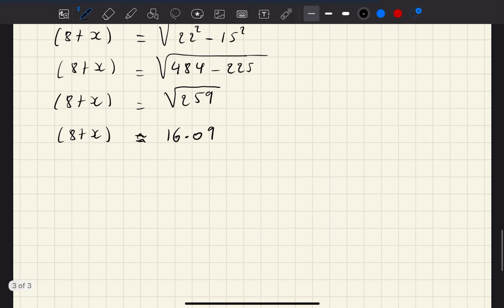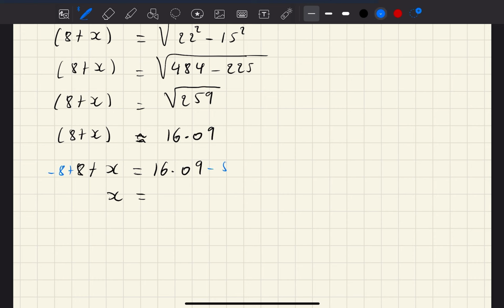Since we got 8 plus X being equal to 16.09, we can solve for X. Subtract 8 on both sides, and then we end up with 8.09. That's the value of x.